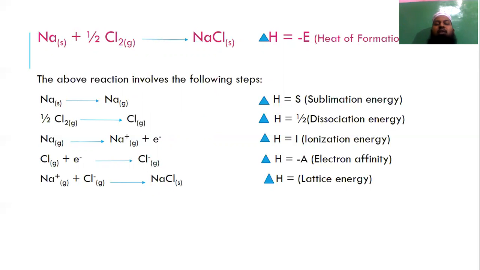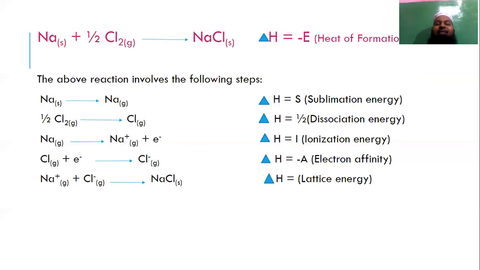The chlorine molecule is converted into chlorine atoms. This process is called dissociation energy. Gaseous sodium is converted into a sodium ion with removal of an electron. It is called ionization energy.